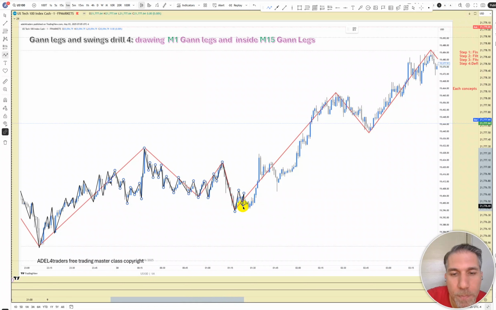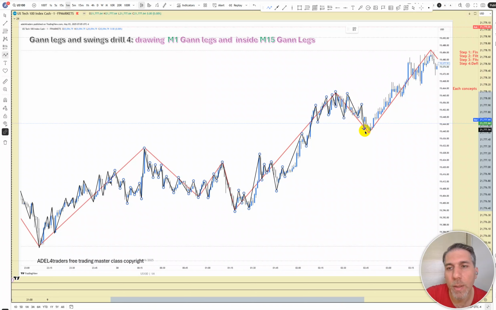So you don't need to be very precise in these things, because they are going to be filtered out whenever you use GAN swing, turn to valid pullback. If there are some parts you cannot make sense of, it doesn't matter, because whenever you apply the filters, all of these are gone.